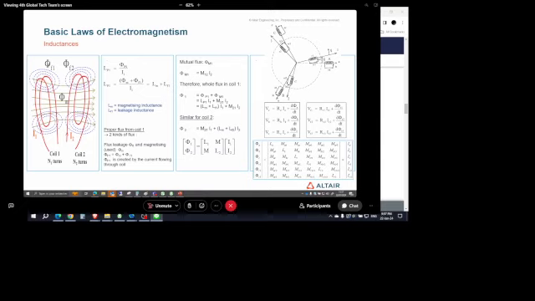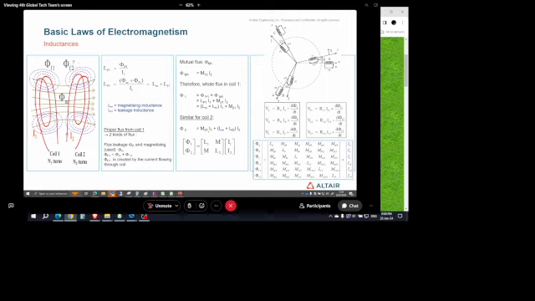Here, if I supply coil 1, then I can say that it's depending on its self-inductance plus the mutual inductance due to coil 2. If in coil 2 I have zero current, then coil 1 will have only magnetic flux created by itself, and then it will be depending on its self-inductance.